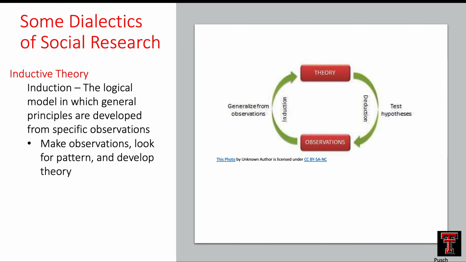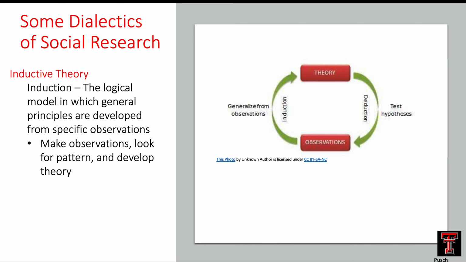Okay, so two things to really think about again when you are thinking about your project are inductive and deductive theory. How does theory fit into your research question or your research project? First is the inductive method.